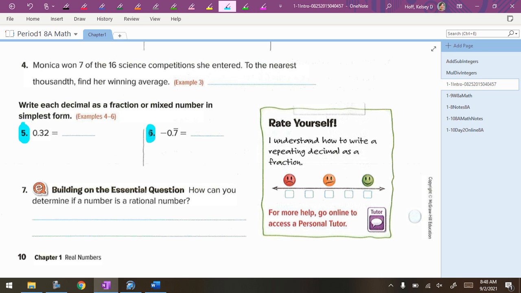That's what you guys have to decide. Flip back to your notes. When did we put tens, hundreds, thousands versus when did we put nines? Flip back one page.